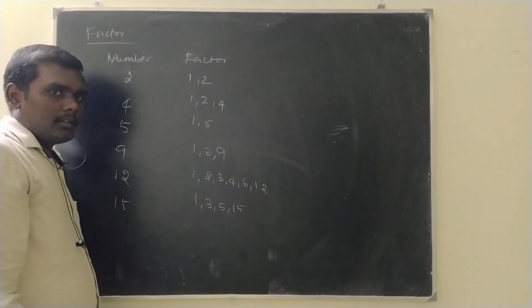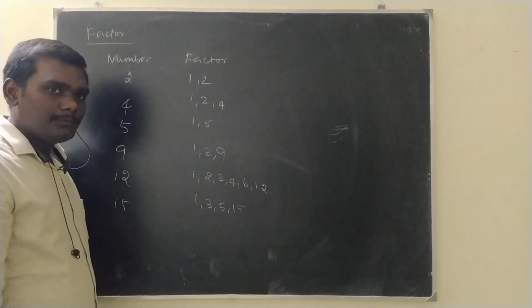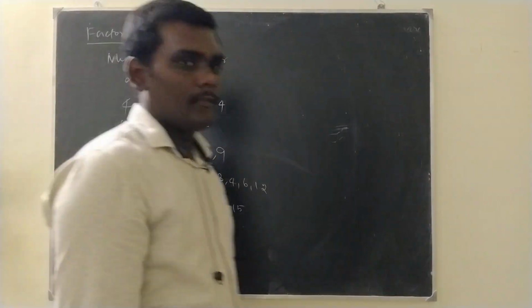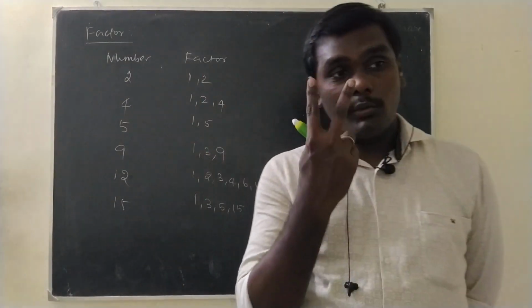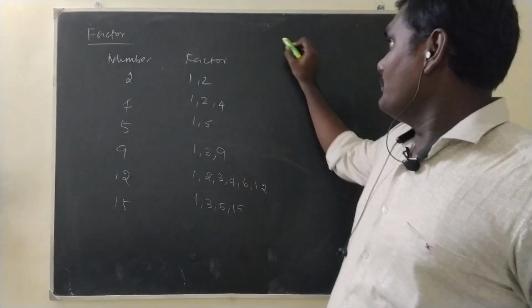In this, prime number means what? Do you know? A number which has only 2 factors is called a prime number. So we have the prime number list.